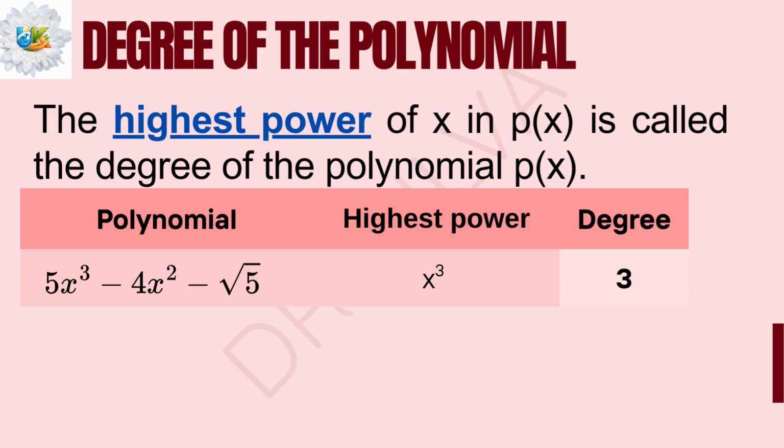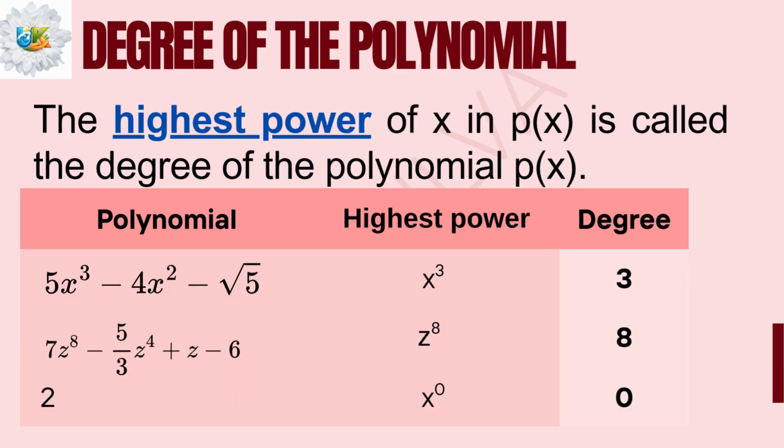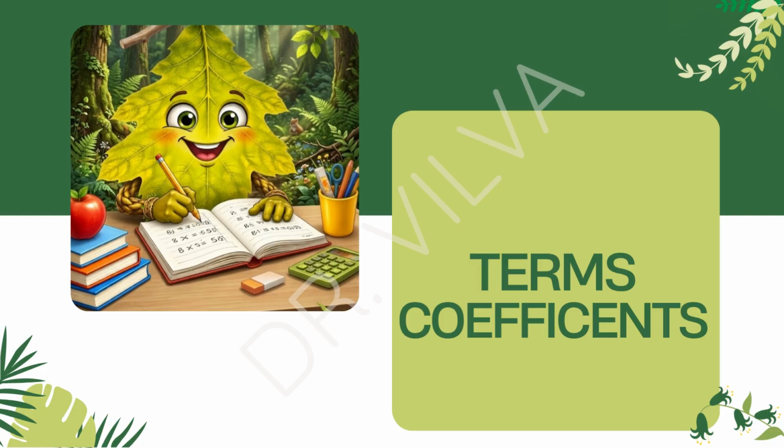So, the degree is 3. Similarly, in the second example, we have x power 8. The degree is 8. You just scan the expression, find the biggest exponent and boom, that's your degree. For a constant, the degree is 0.